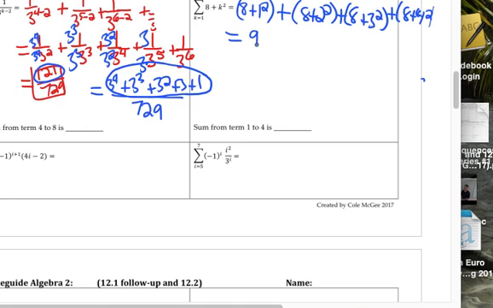It's going to be 9. 8 and 4 is 12. 8 and 9 is 17. 8 and 16 is 24. Add all these up and you know what the series is. So I've got it to be 62. So the sum from 1 to 4 is 62.